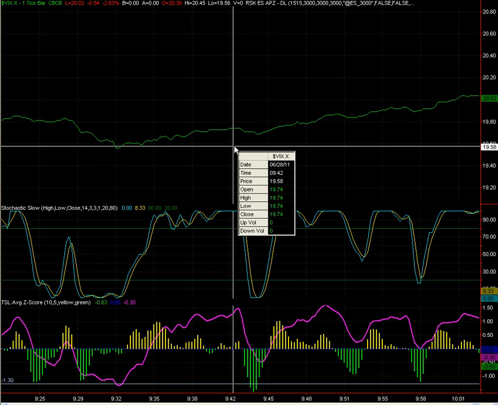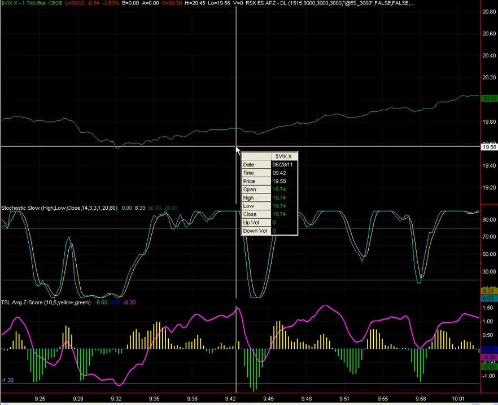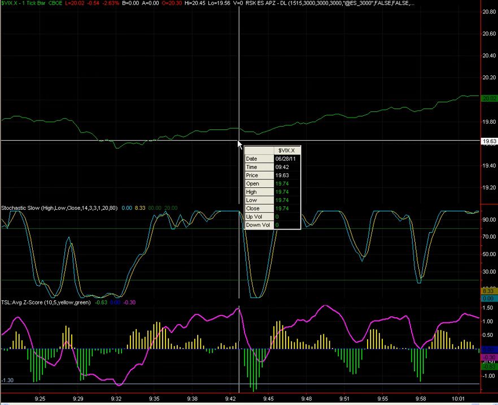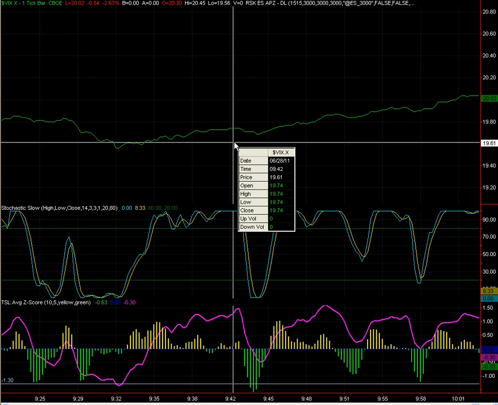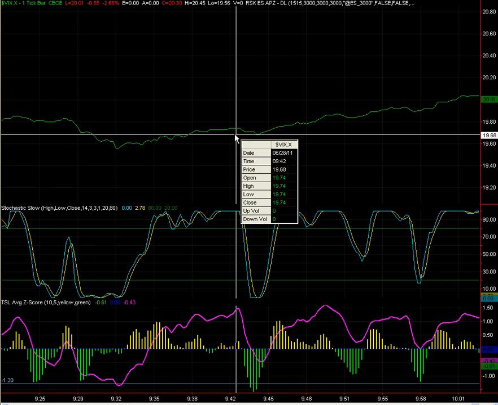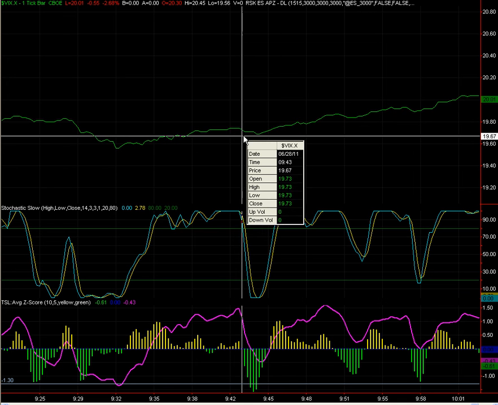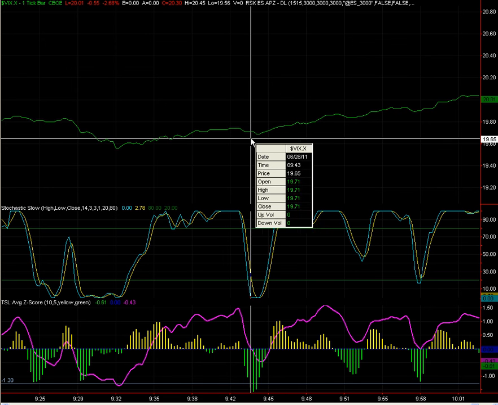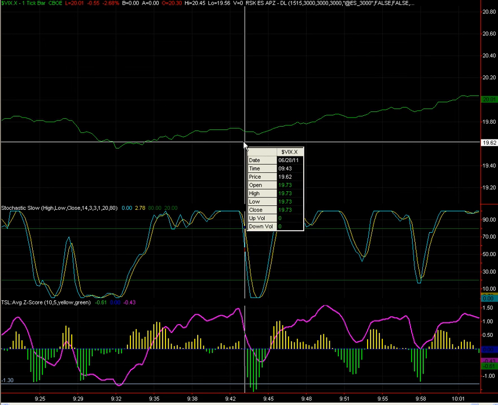At 9:42, the VIX hit a relative high. The VIX went up to a price of 19.74 and started to come down. So we saw a little bit of a move up in the market as the VIX dropped.